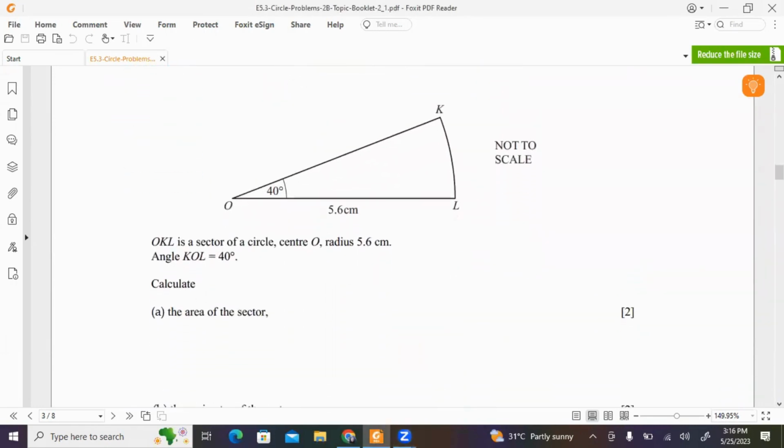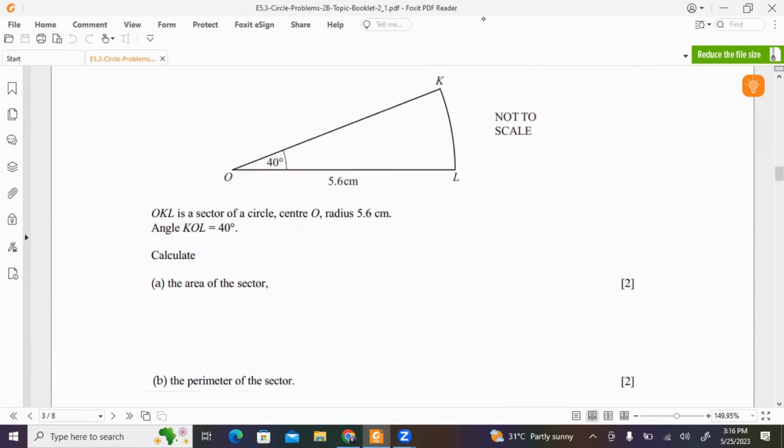In the next question, we have to find the area and the perimeter of this sector. We have the angle and we have the radius, so we just directly use the formula for the area. It's going to be the angle 40 divided by 360 times pi times r squared. r is 5.6 in this case.